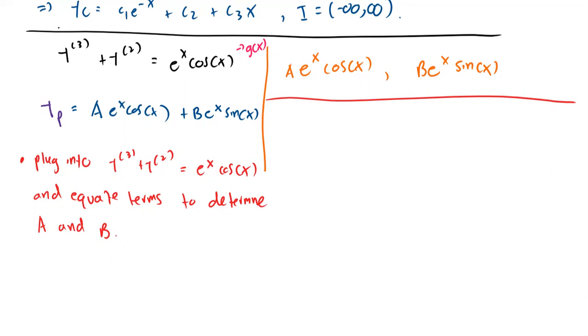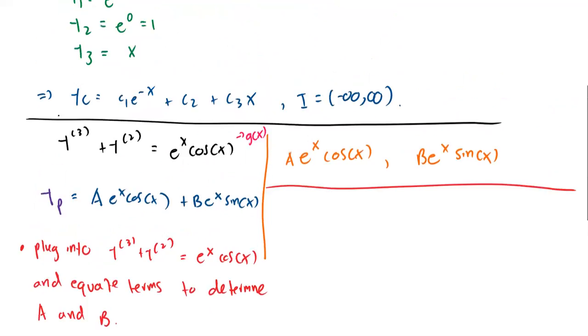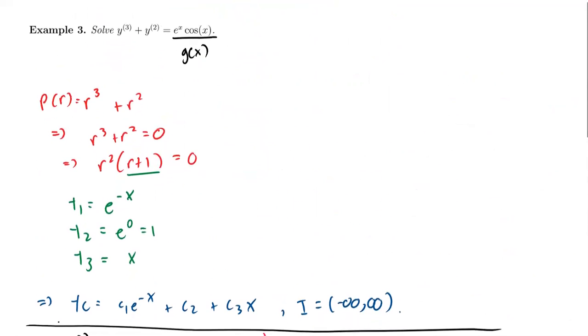Then you plug that into the ODE and equate both sides of the equation, so whatever's on the left should be equal to whatever's on the right. So equate terms and determine the undetermined coefficients. Again, the only new thing really is how to find the complementary solution, which we saw in detail in the previous example, example 2.